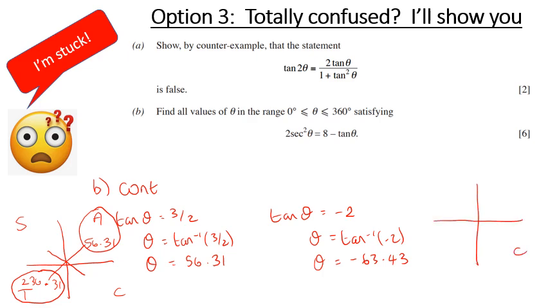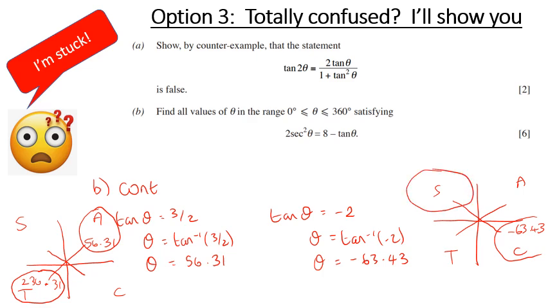Now I'm going to do a CAST diagram for the other value that I had. This one gave me minus 63.43. And on this one, tan is negative, because tan theta was minus 2. So I need the quadrants where tan is negative. So I need the C quadrant and the S quadrant.